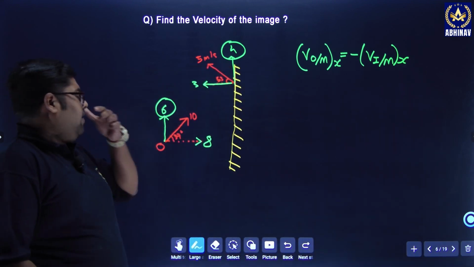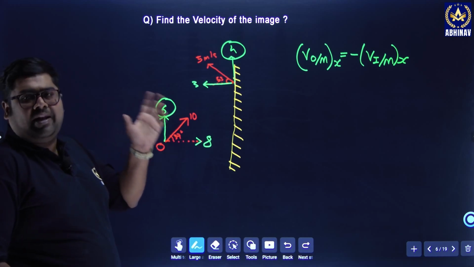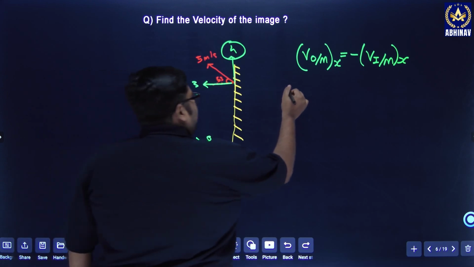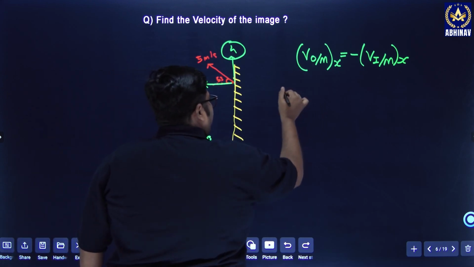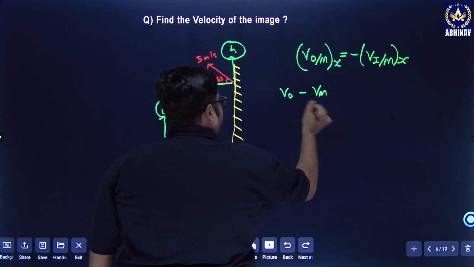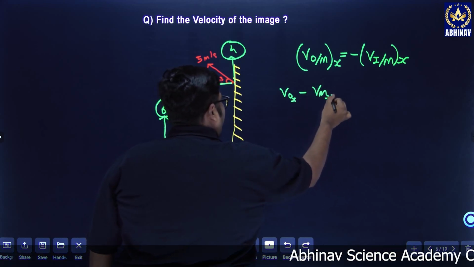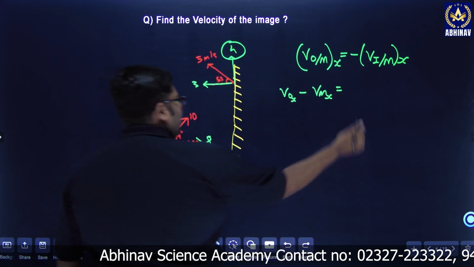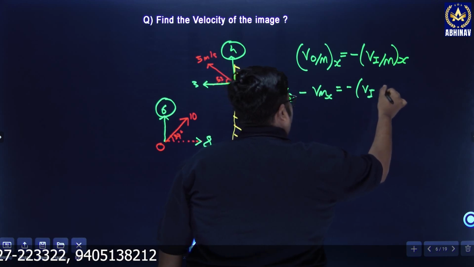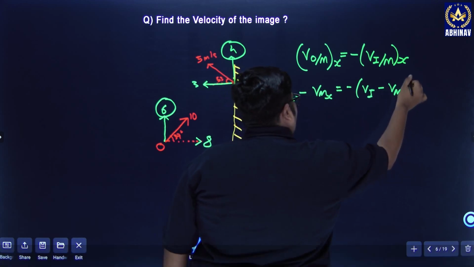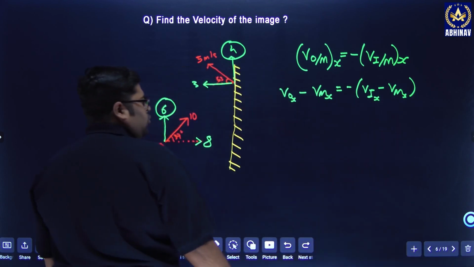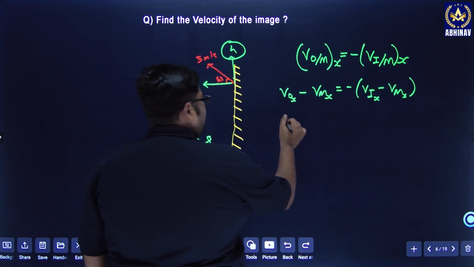So here we have to use the concept of relative velocity, and it's pretty easy. We can write it like velocity of the object minus velocity of the mirror along x is equal to negative of velocity of the image minus velocity of the mirror along x-axis, right? So now let us open the brackets.